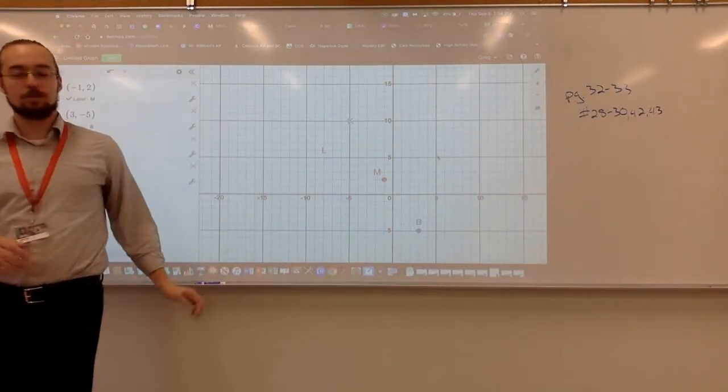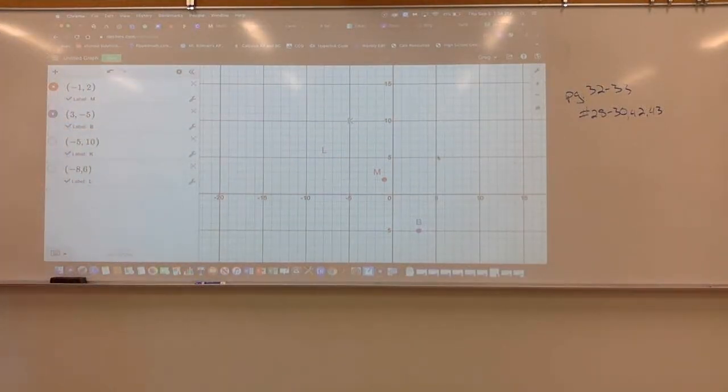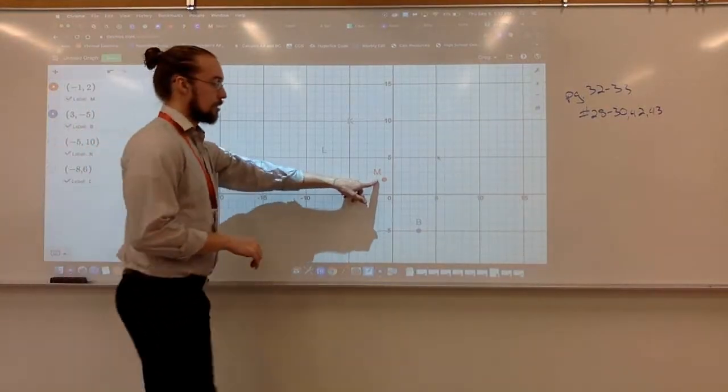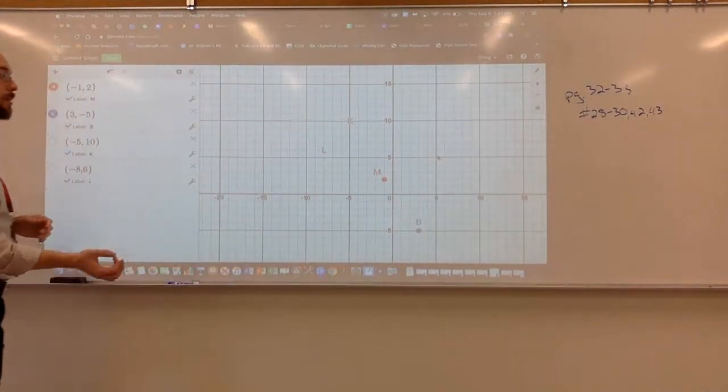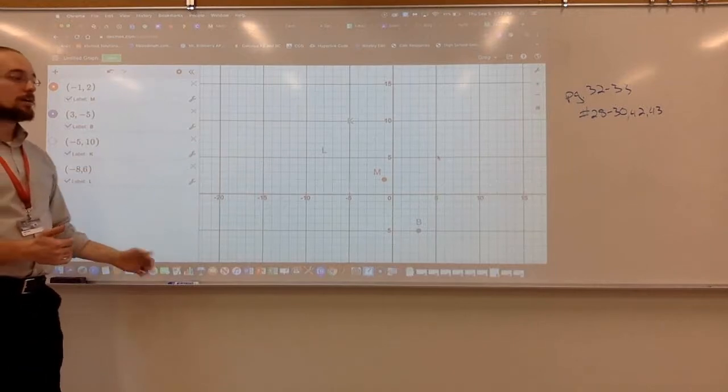Those have nothing to do with this example. See if you can figure out an exact way to find the other endpoint. We'll do it together in a few minutes. M is the midpoint, and the other endpoint would be up here somewhere, right? So see if you can come up with an exact way to find that from the graph.